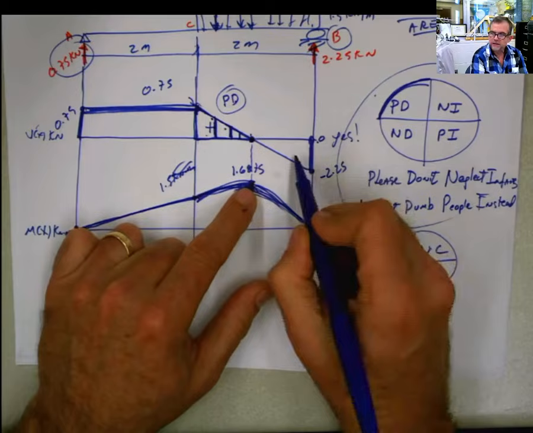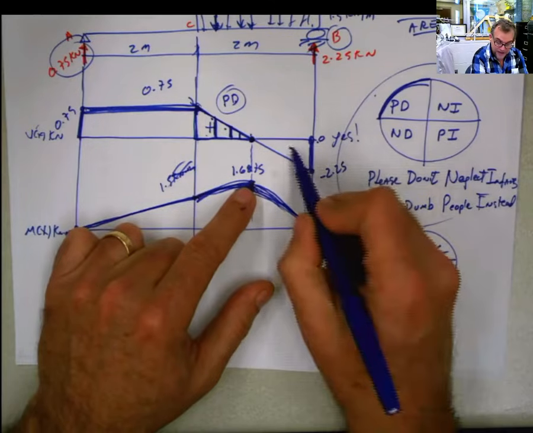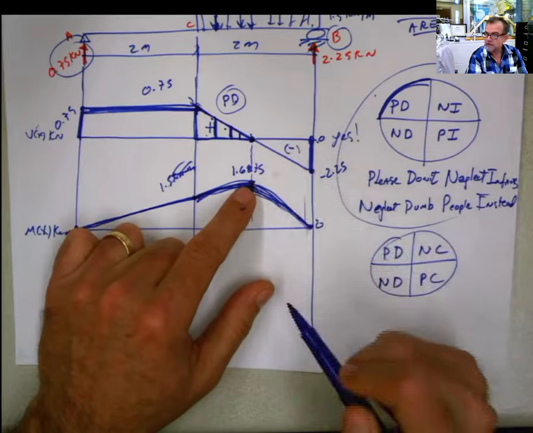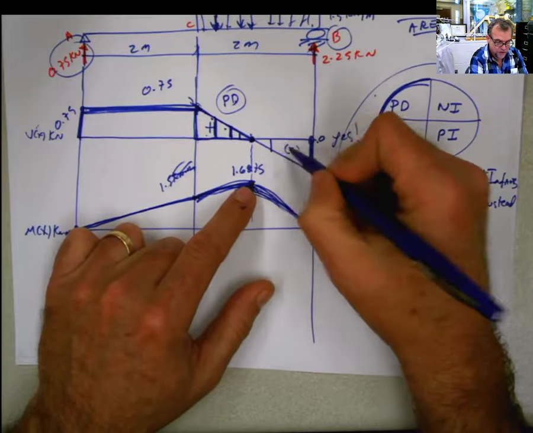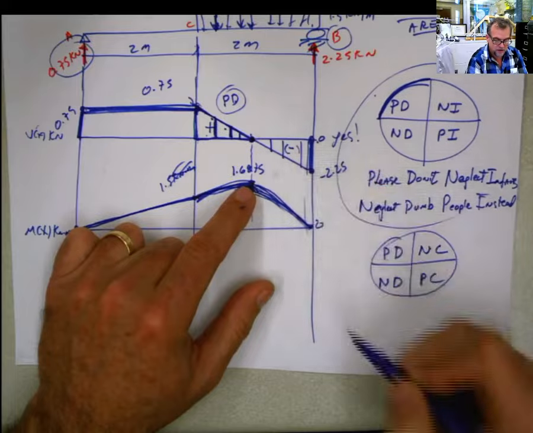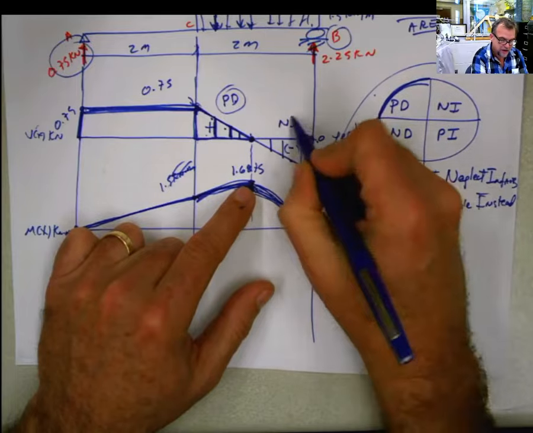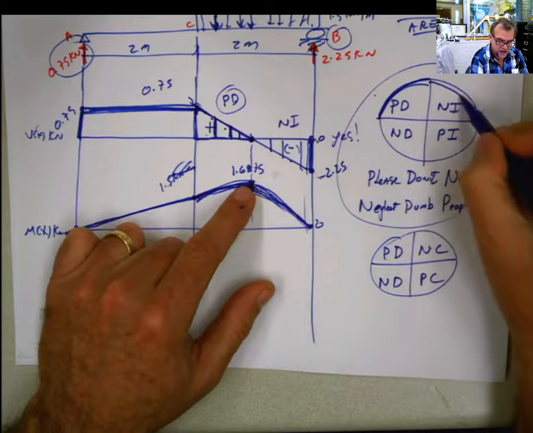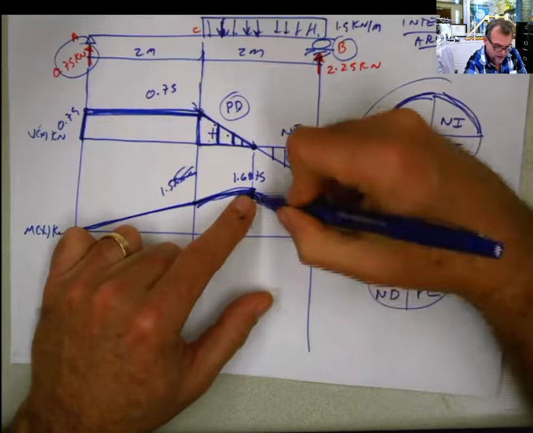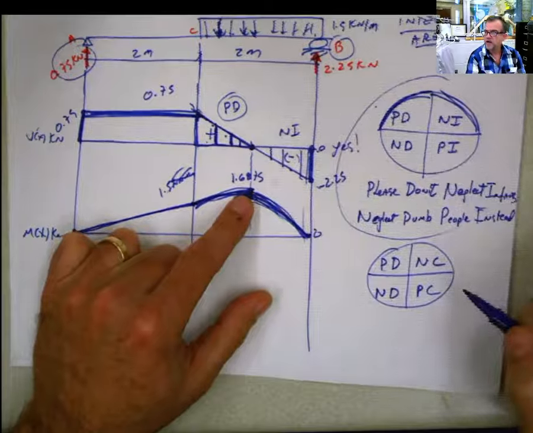Positive or negative? Below, right? Negative. Now absolute value. What is happening with the absolute value of the function here? It's increasing. Negative, increasing is this shape. There you go.